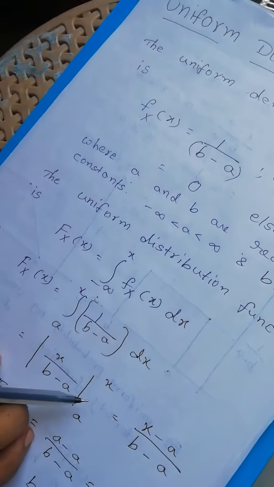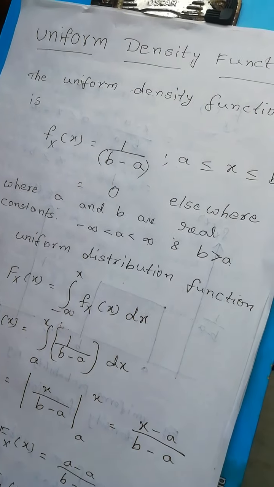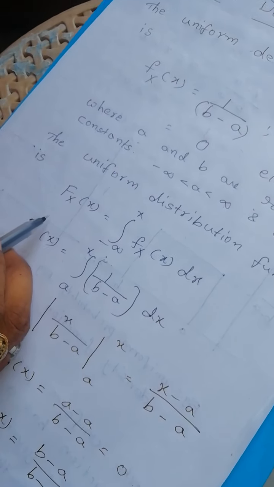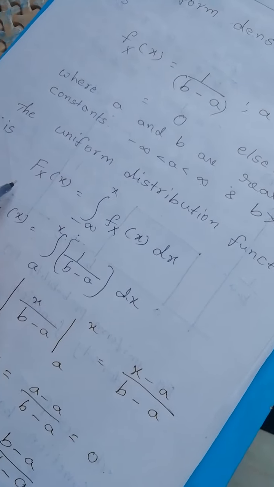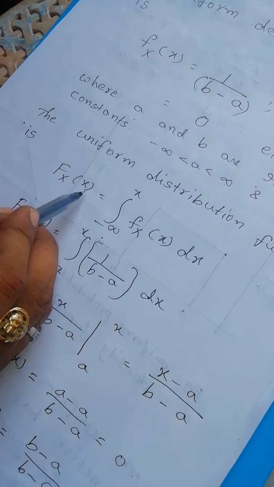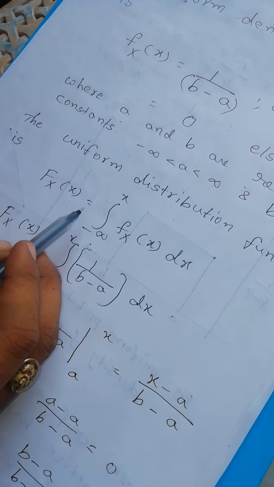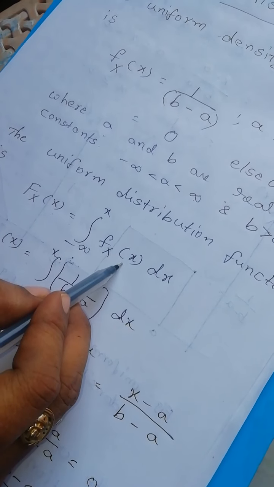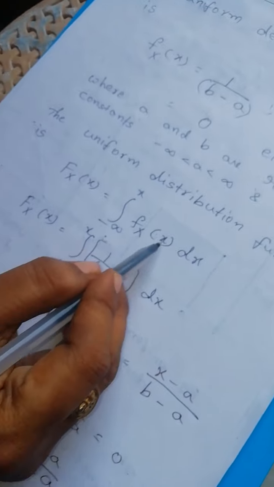Now we calculate the uniform distribution function. How do we calculate it? Already we know from the properties of the probability density function that capital F(x) of x, the probability distribution function, is equal to the integration from minus infinity to x of small f(x) of x dx. Here small f(x) of x is the density function.